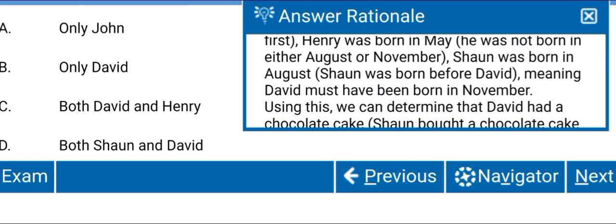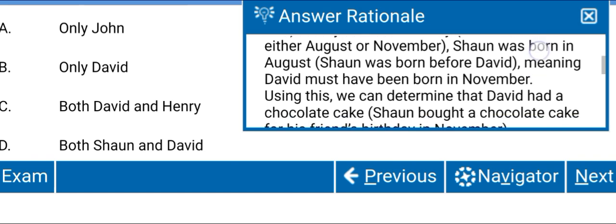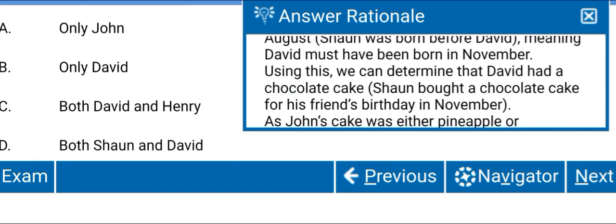Sean was born before David, meaning David must have been born in November. Using this, we can determine that David had a chocolate cake. Sean bought a chocolate cake for his friend's birthday in November.